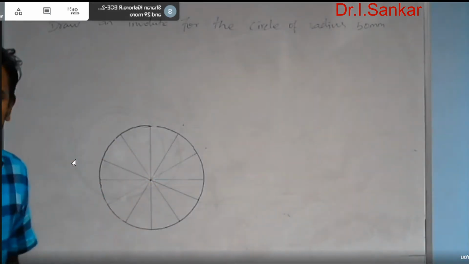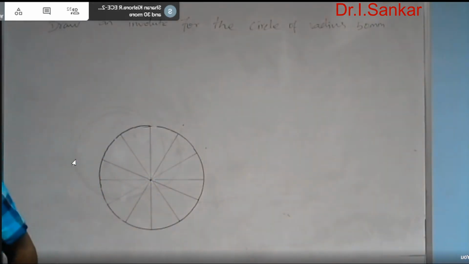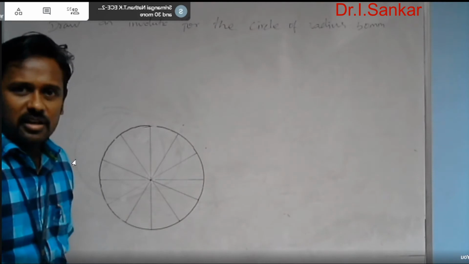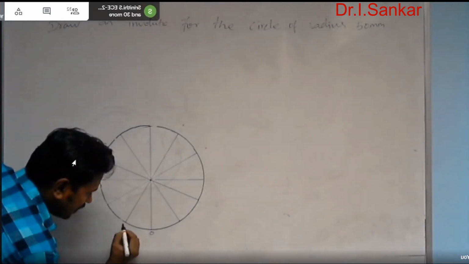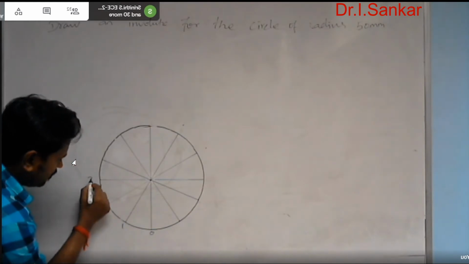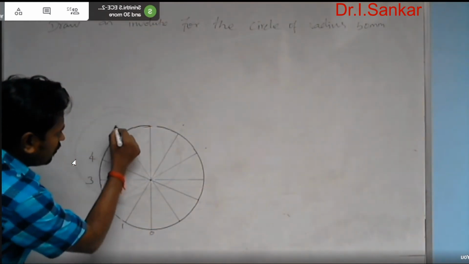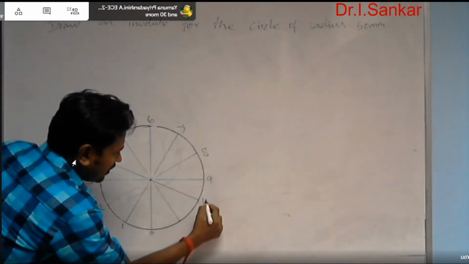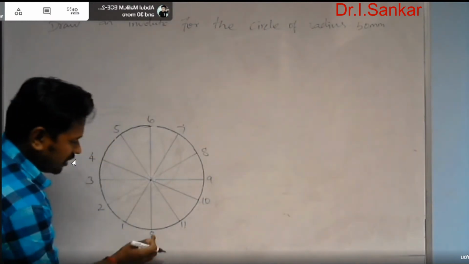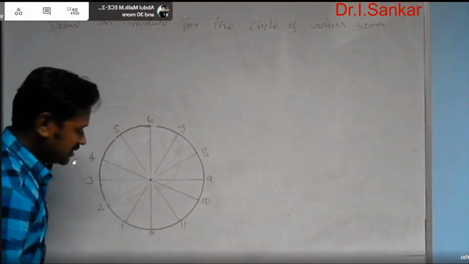So in this way, I can split the circle into 12 equal parts, and then you can name it. So starting from 0, here 1, 2, 3, 4, 5, 6, 7, 8, 9, 10 and 11, and this will be 12. Okay, just leave it.